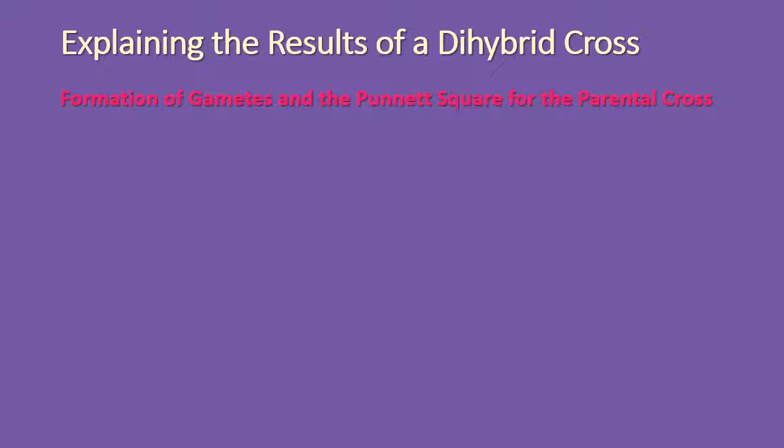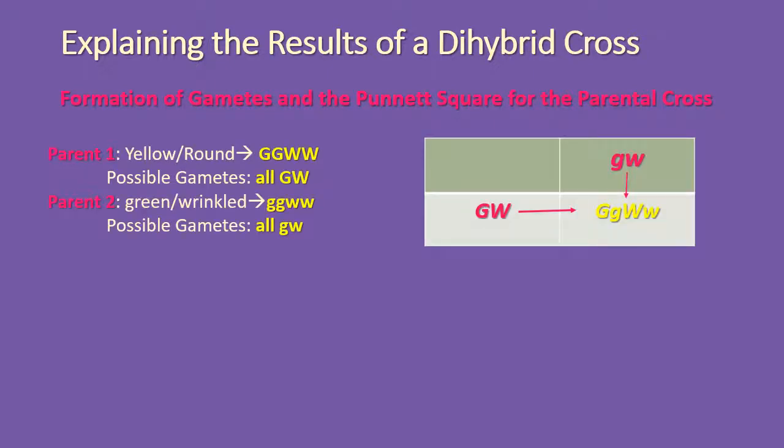So looking at the Punnett square, you can see that it doesn't matter. Here for parent 1, the parents are yellow round or green and wrinkled. So these are the possible gametes that can get produced, and this is the resulting F1.